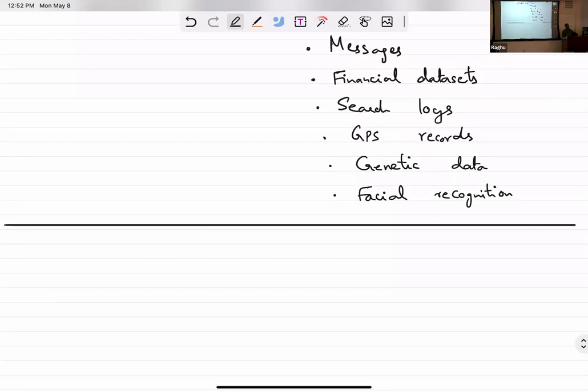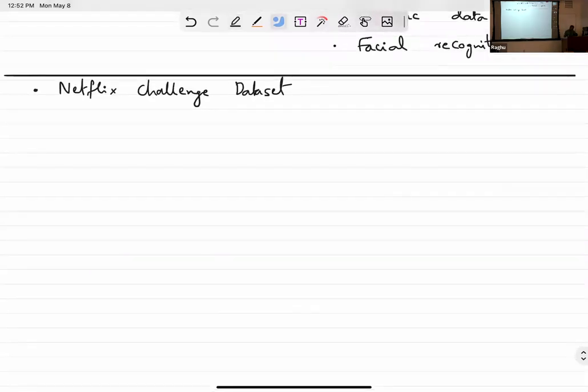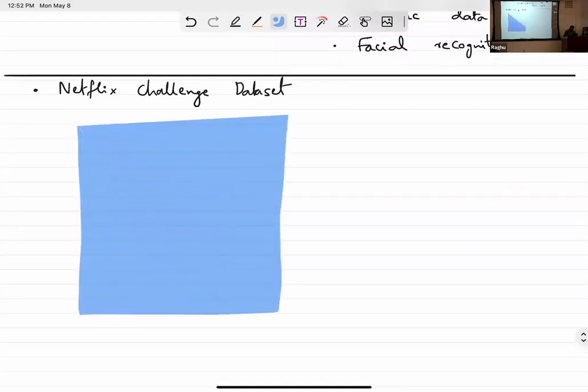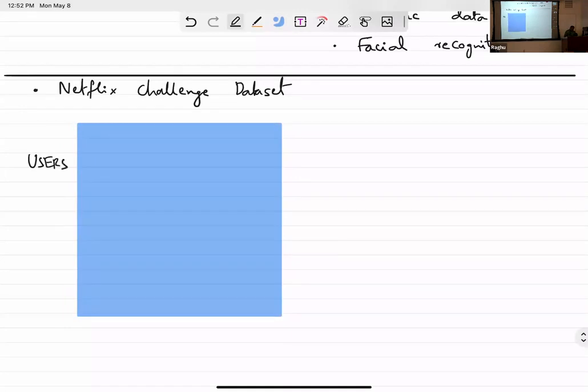We've talked about the Netflix data set several times, just as an example. When Netflix released the data set, what was the data set again? You had users, movies.